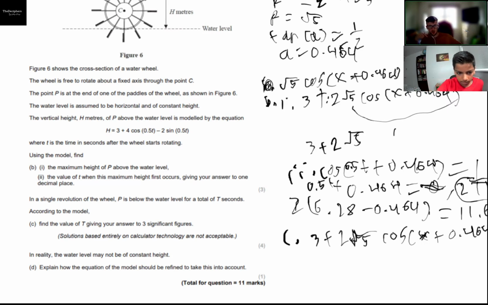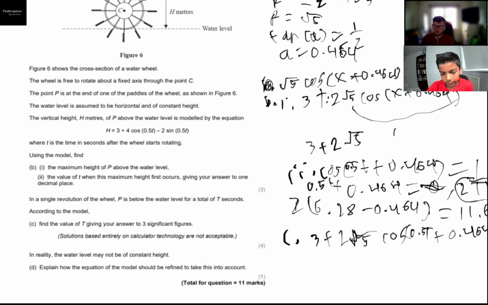And we can use capital T now because we're solving for capital T, but you can still use t, it doesn't really matter.